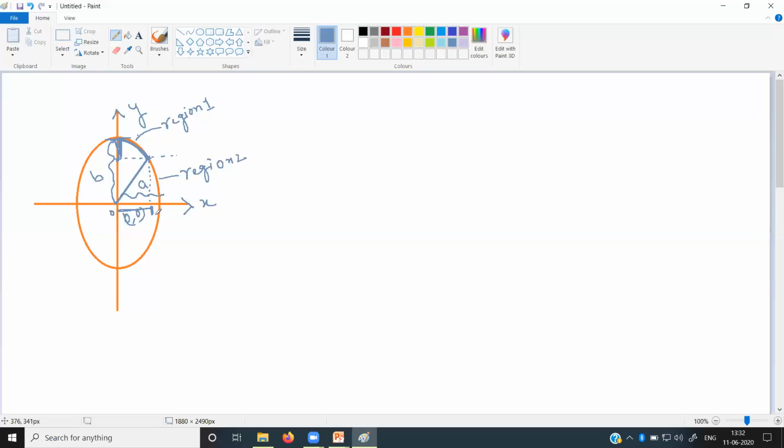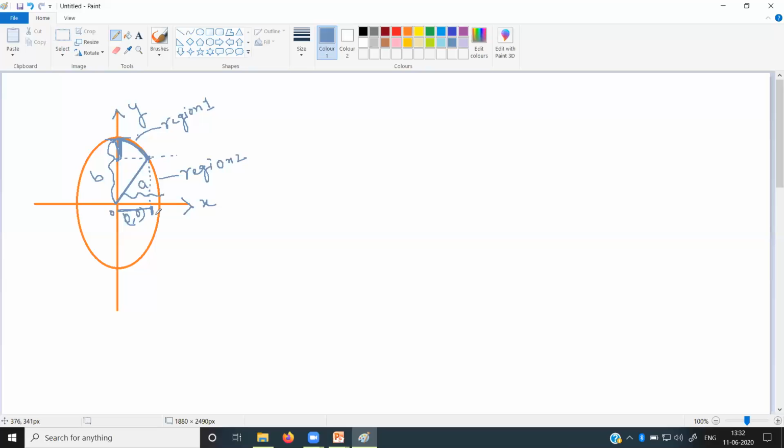Again I am repeating, in case of region 1, the change of x, that means the increment of x, is more; x varies more compared to the value of y. In case of region 2, x varies less compared to the value of y.